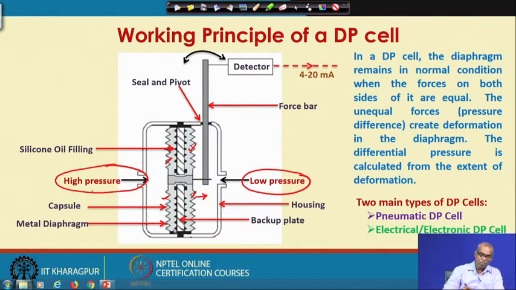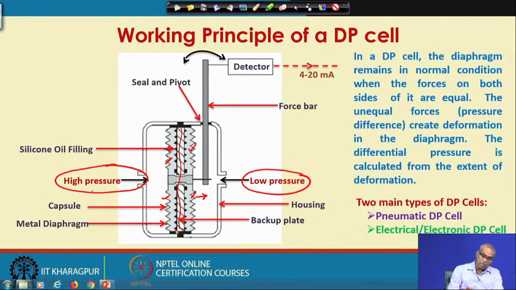Typically, this diaphragm will be filled with silicon oil. This will be useful for transmitting the pressure uniformly throughout the diaphragm capsules. So, the diaphragm capsules will be filled with silicon oil, which is useful for transmission of the pressure uniformly. There is a backup plate inside the diaphragm capsules.